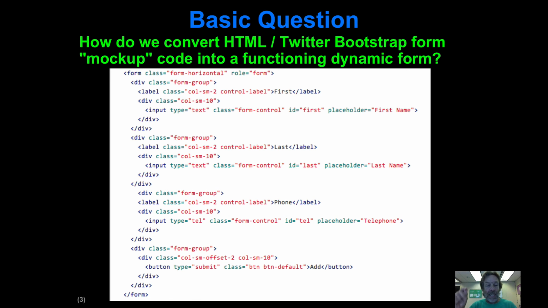If you just click the add button on this, nothing's going to actually happen because there's no connection to our actual backend database. So the basic question is, what is the Play way to create a form that actually works, in the sense that in the backend in your Java code you can actually do things with the form data once the user presses add.